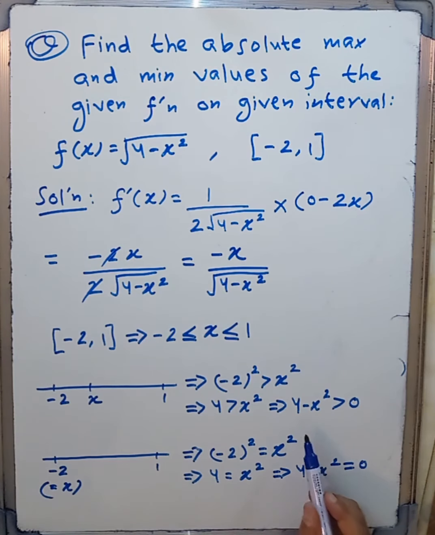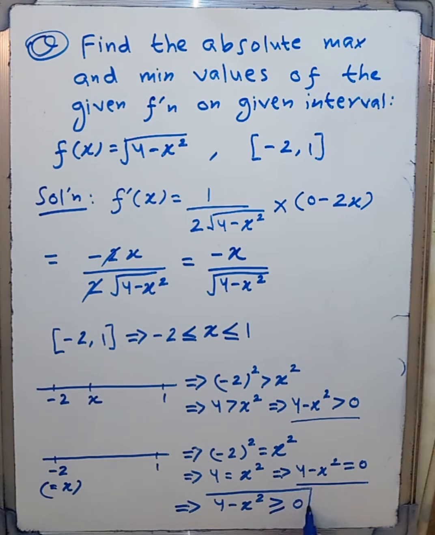If we combine these two, we can surely say that 4 minus x square will be greater than or equal to 0. This condition will be very useful now.